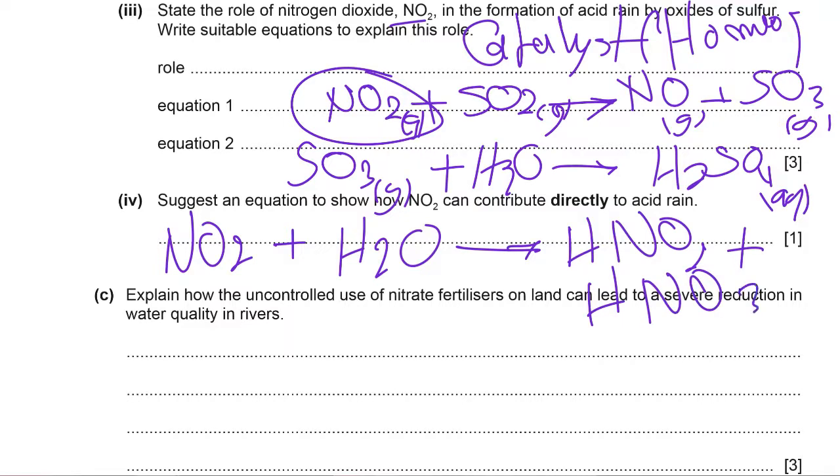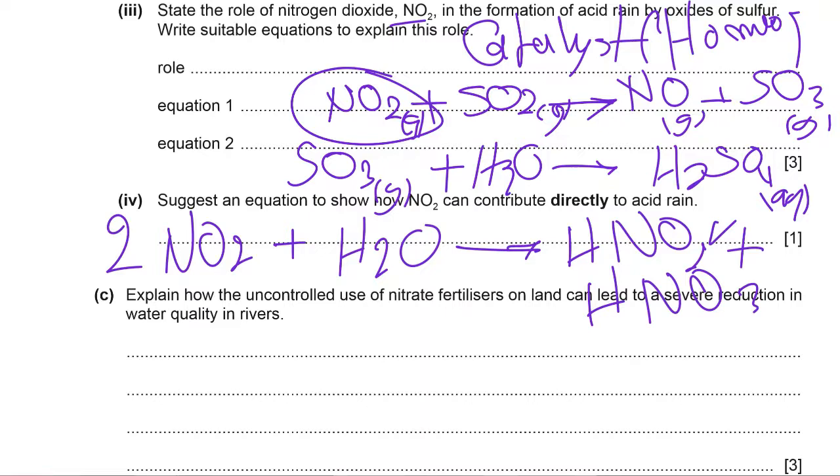Both of them are acids. So let's balance the equation. Here you have 2 moles of NO2, so you will form these two acids. This is nitrous acid and nitric acid. Both of them are in solution, and both of them are a source of acid rain.